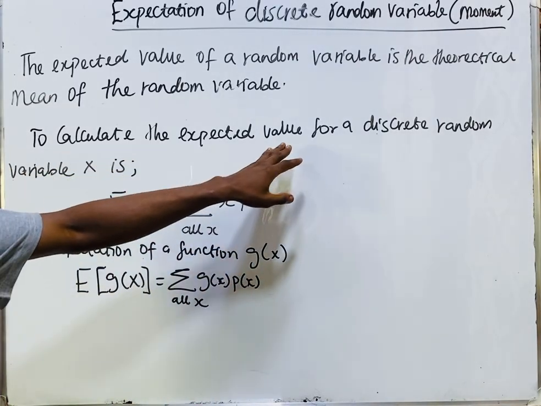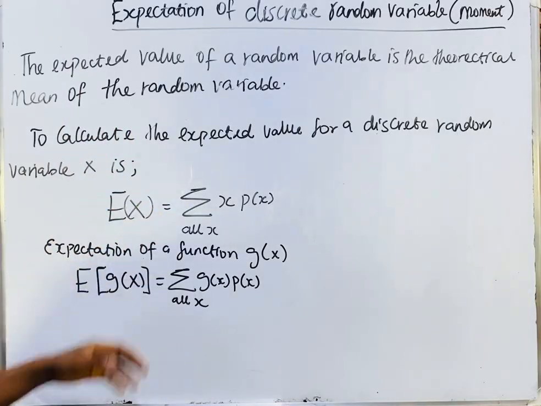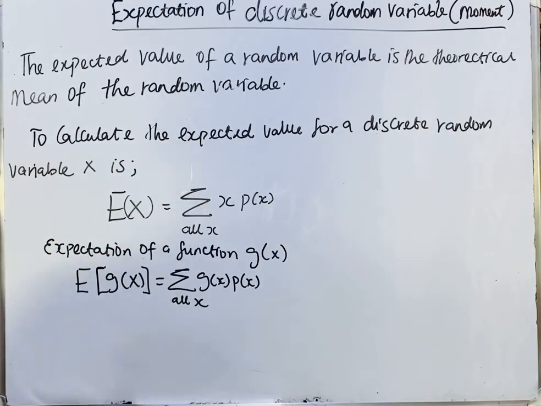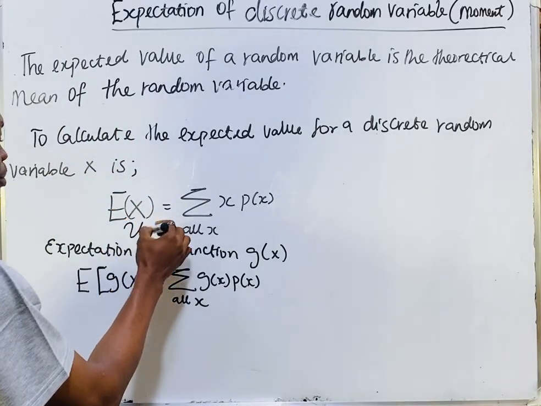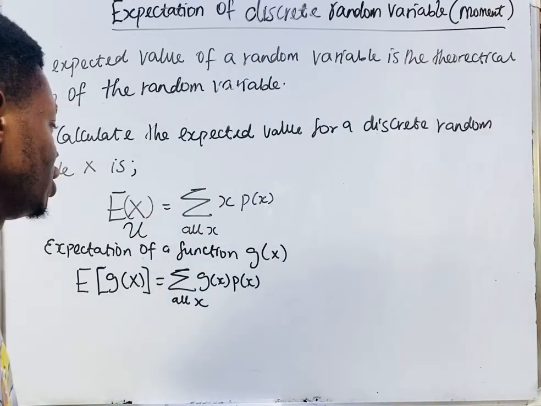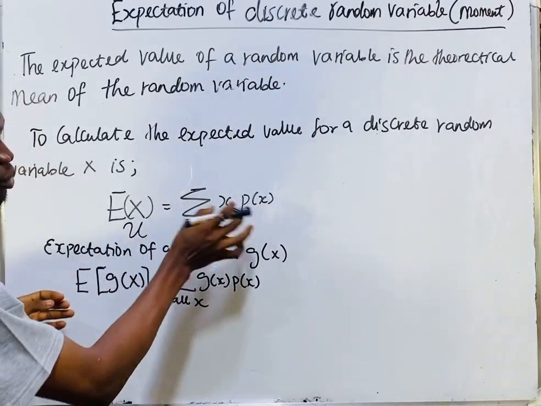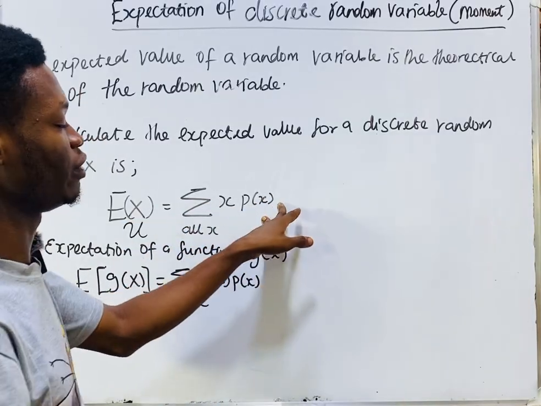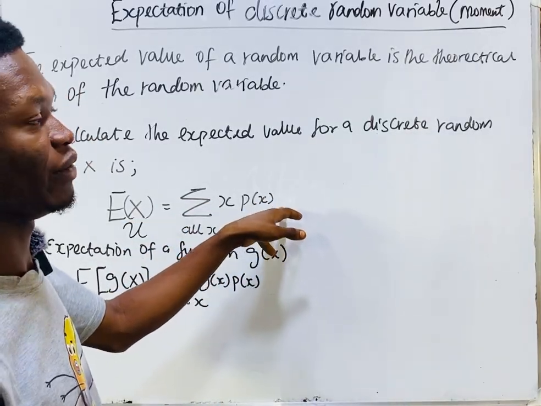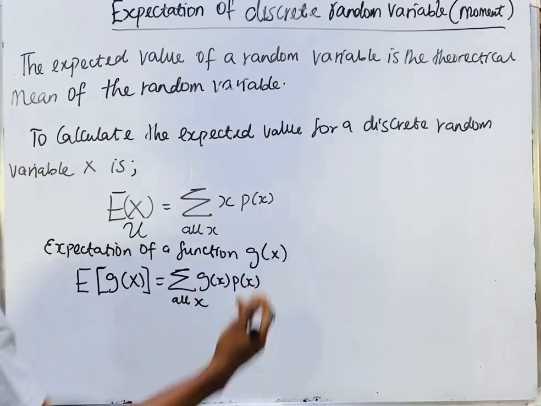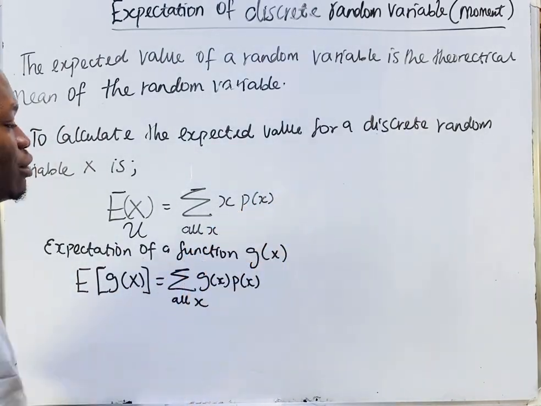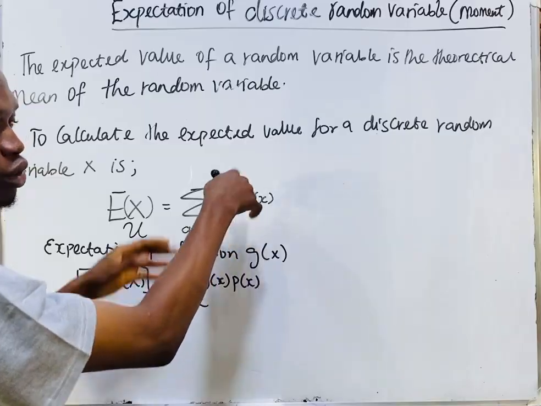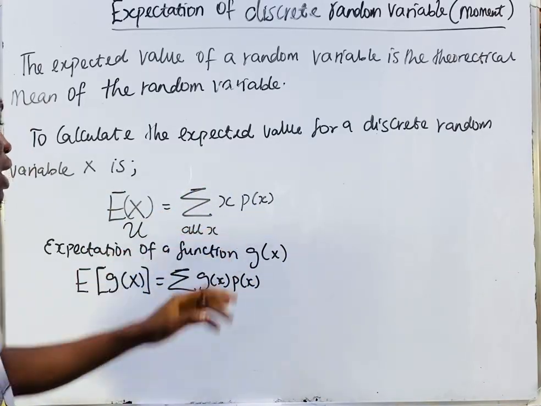To calculate the expected value for a discrete random variable, the expectation of x, also known as mu, you can still call it mu. The mean is equal to the summation of the x values times the probability of those events occurring, that's probability of x. When you multiply them, you sum all the x's.